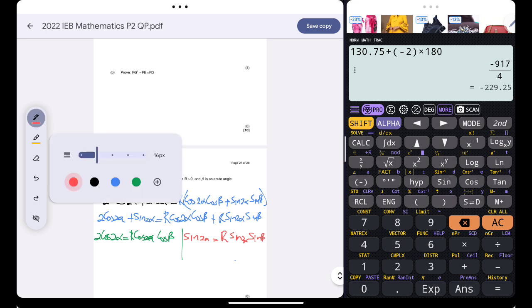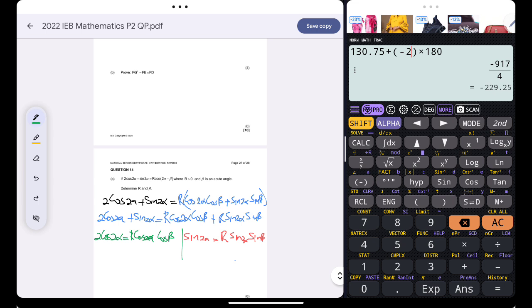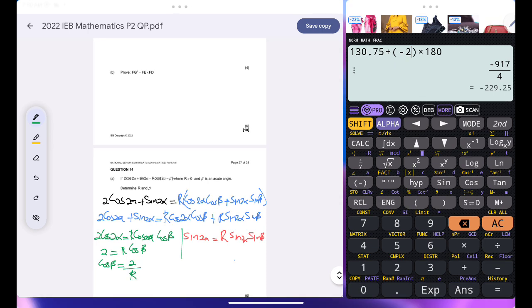For the green part, if you can divide both sides by cos 2a, we can see that 2 is equal to r cos beta, which simply means that cos beta is equal to 2 over r. Are you together?